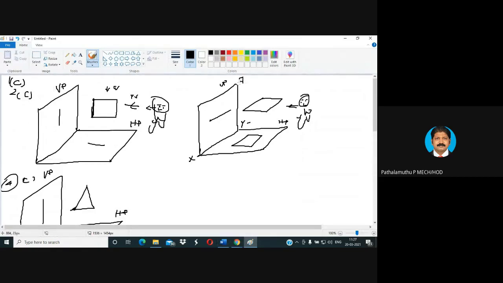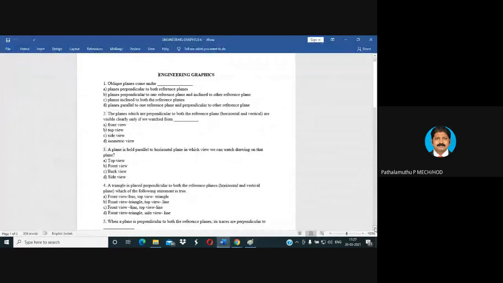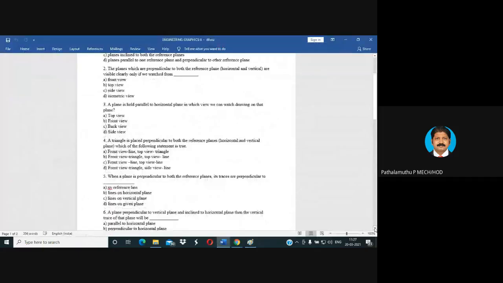Next, question number 5. When a plane is perpendicular to both the reference planes, horizontal and vertical plane, its traces are perpendicular to what? Options: XY reference line, lines on the horizontal plane, lines on the vertical plane, lines on the given plane.